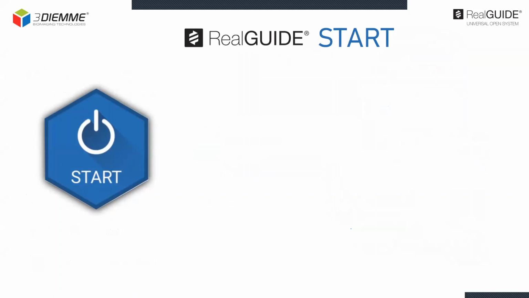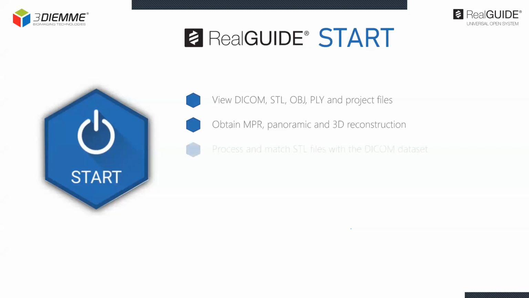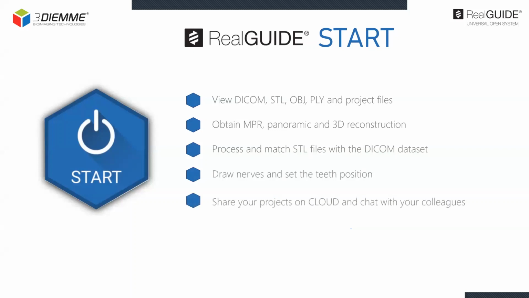The Start module is a free module for viewing and diagnosis, which can also be downloaded from our website, and which allows the following functions: view DICOM, STL, OBJ, PLY, and project files, obtain MPR, panoramic and 3D reconstruction, process and match STL files with the DICOM dataset, draw nerves and set the teeth position, share your projects on cloud and chat with your colleagues.